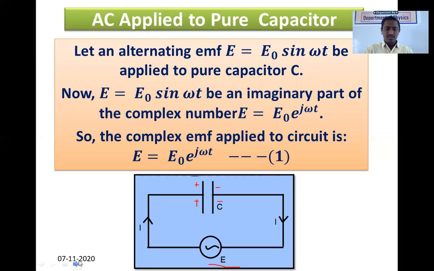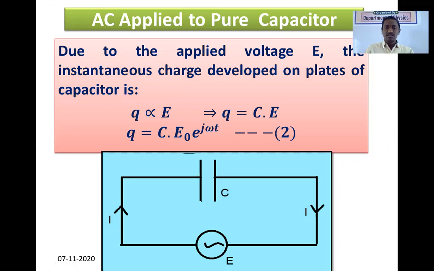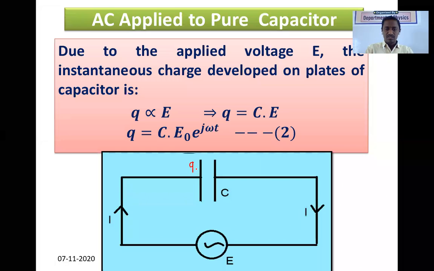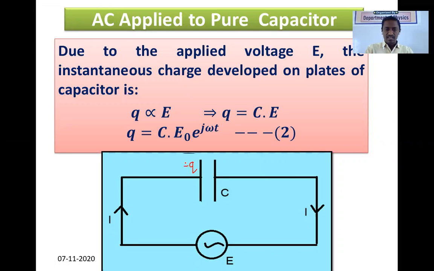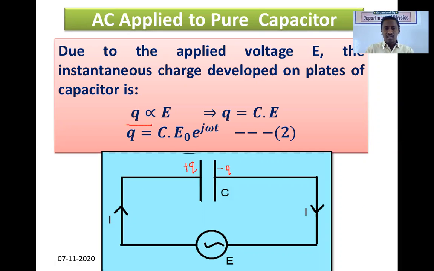Now, due to the applied voltage E, let Q be the instantaneous charge developed on the plates of the capacitor. It may be positive charges on the first plate and negative charges on the second plate. As I have told you, the charges developed on the plates of the capacitor are directly proportional to the applied voltage or applied EMF.